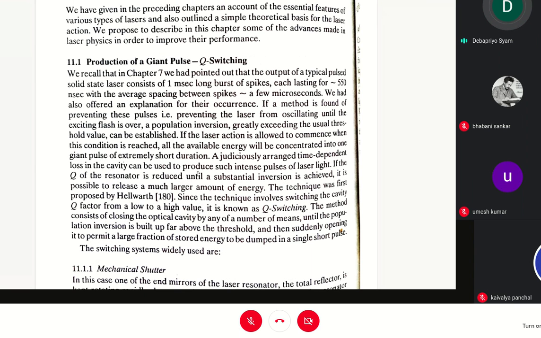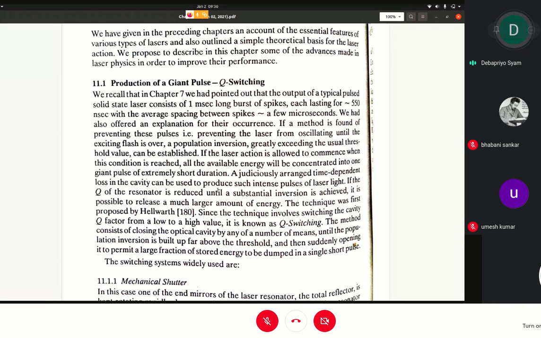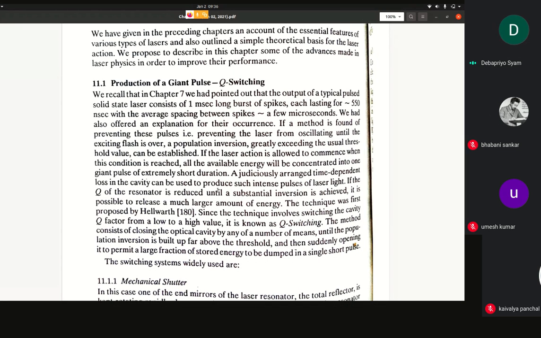So this lasing radiation will cause, by stimulated emission process, other atoms to de-excite. You don't want to do that. So therefore you do not allow this lasing radiation to be present in the ruby laser to the extent that it would cause huge amount of stimulated emission.